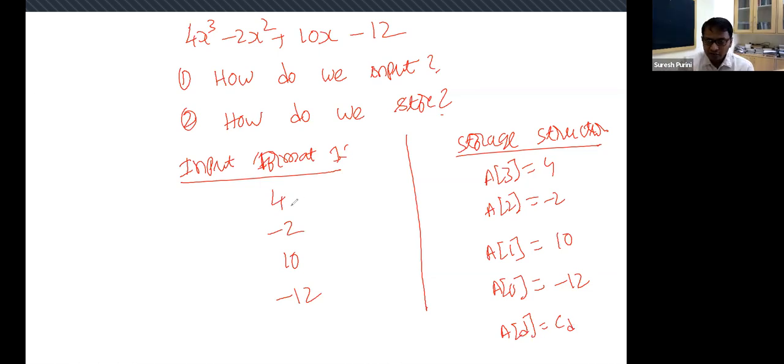Here we are giving higher order terms to lower order terms, or you can even start with minus 12, 10, minus 2, 4. Both are possible. So when you are working with polynomials, please keep this in mind. You just have to input the coefficients.